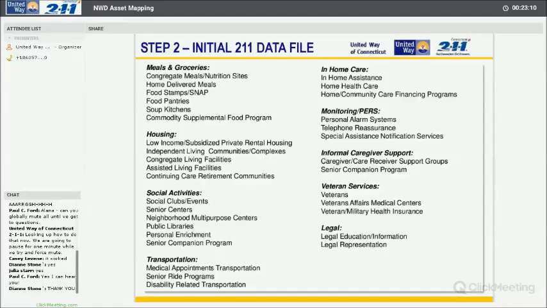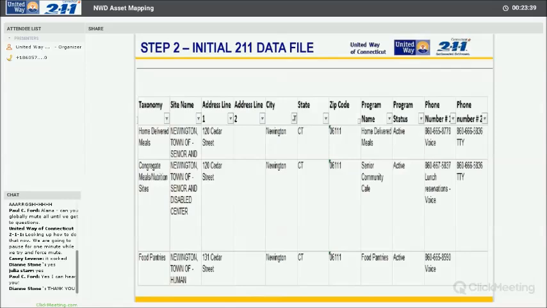We didn't pull every possible term within each category, or you would have had really long files. We wanted to send you something manageable to review to begin with. However, if you decide there are additional services within any of those categories that you want to look at, just let me know, and it's easy enough for us to pull in additional service categories and send you a revised file.